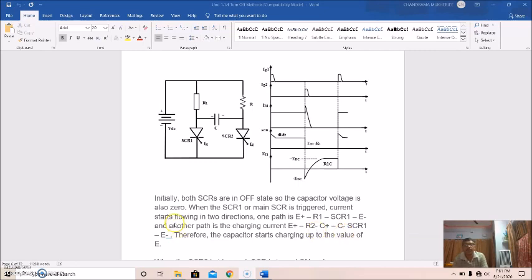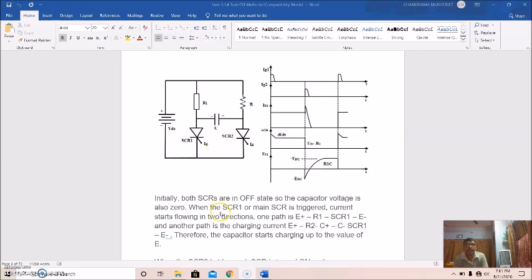So now what will happen? The current starts flowing in two directions. One is through this way, from the positive of the input voltage to the load resistance, then the main thyristor, and then to the negative plate of the voltage, that is E negative.